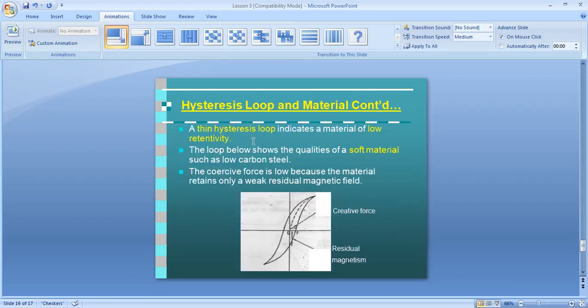And this is a thin hysteresis loop, which indicates a material of low retentivity, meaning soft steel. In the case of soft steel, the permeability will be high, and all other properties, that means retentivity, residual magnetic field, and coercive force, meaning reverse magnetizing force, will all be low.